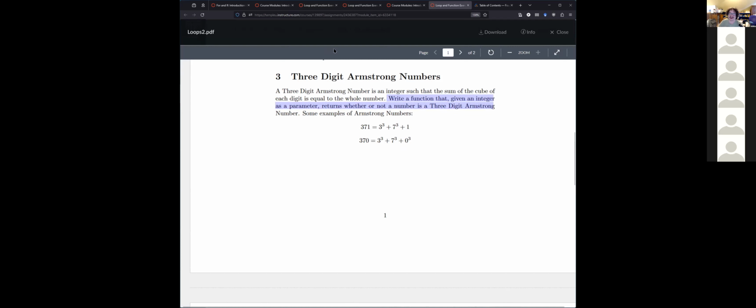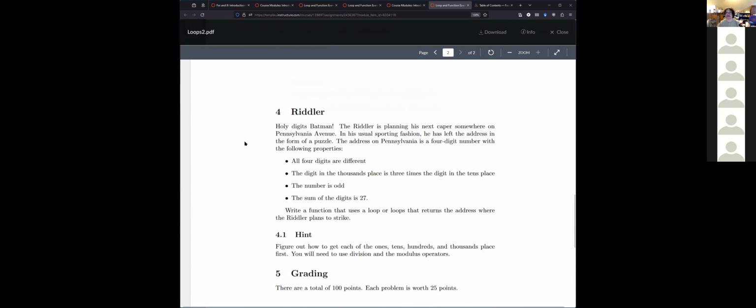So 371 is an Armstrong number because 3 cubed plus 7 cubed plus 1 cubed, which is 1, is equal to 371. Likewise, 370 is also an Armstrong number because 3 cubed plus 7 cubed plus 0 cubed is equal to 370. So very similar there.